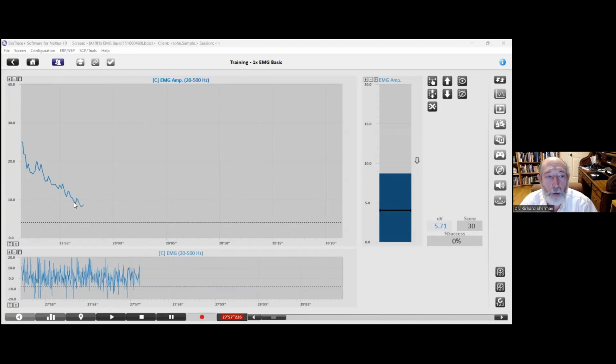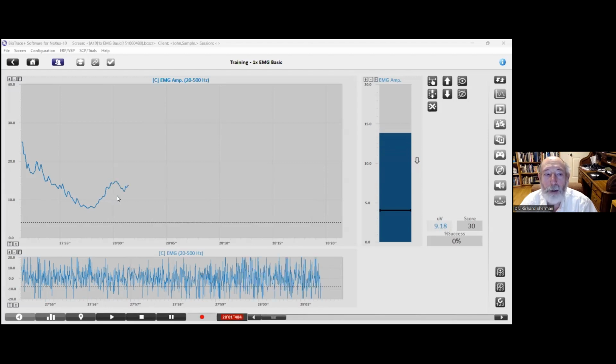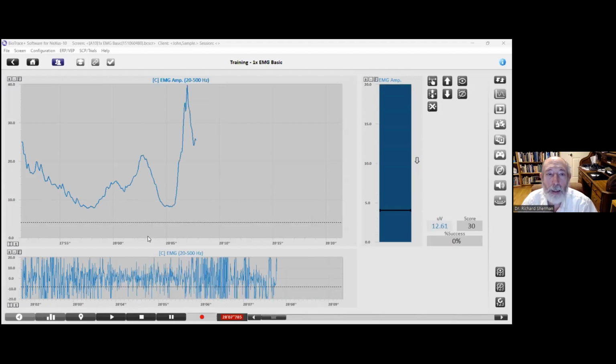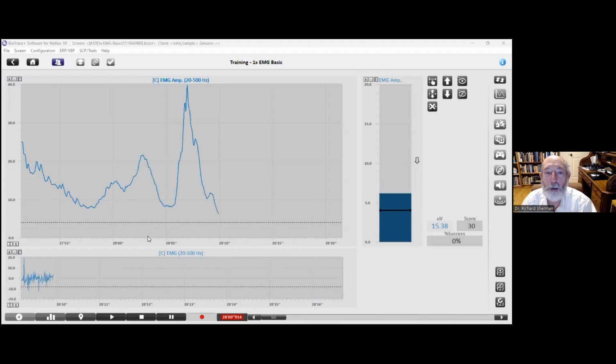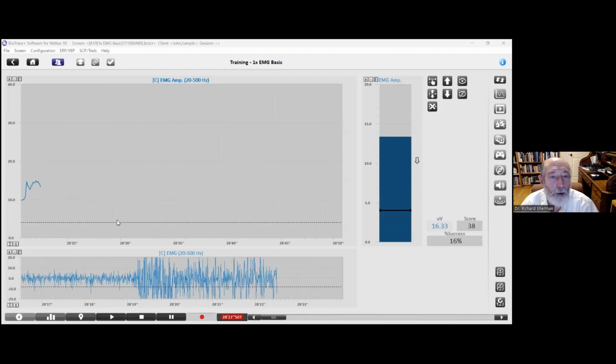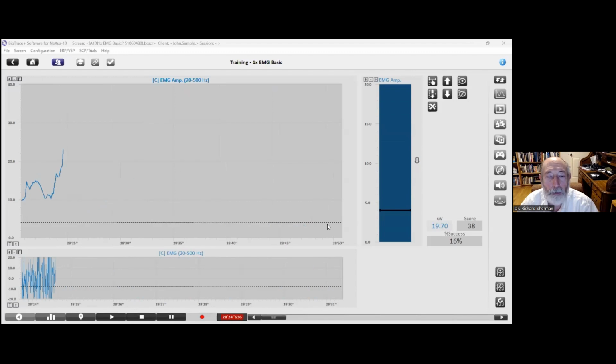So what we do is we train people to recognize when they're tensing up and relaxing down. They have to learn to recognize what the tension feels like. So it's not just a matter of setting a goal. Like this little dashed line, I had set a goal of about 4 microvolts, and the person is reaching it.